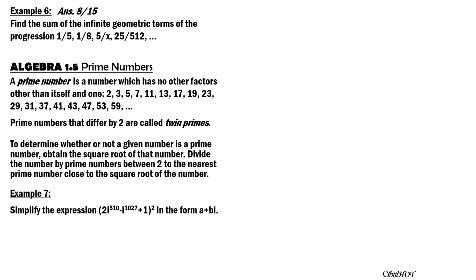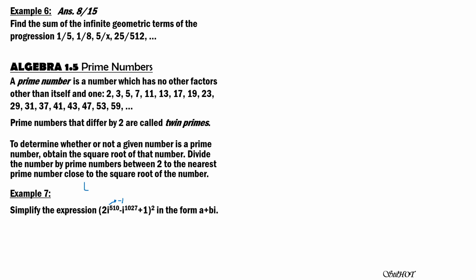510, it is 508 that is divisible by 4. So i to the 508 is 1, i to the 509 is i, i to the 510 is negative 1. So therefore, this is negative 1.